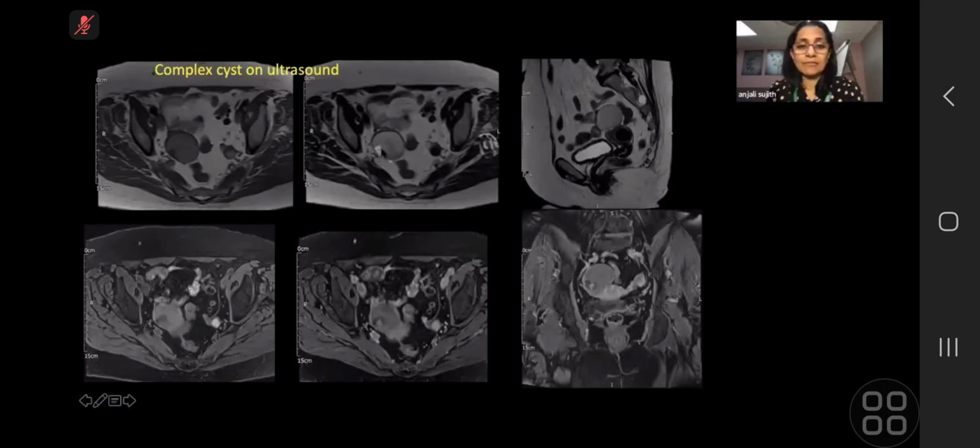We can see focal high signal foci within the lesion, which is of low signal on T1 and T1 fat suppressed, but it enhances on contrast enhanced images. You can see this is a cyst with hemorrhage with an enhancing solid nodule. So this again is CA ovary. And the histology showed it to be an endometrioid type of tumor.